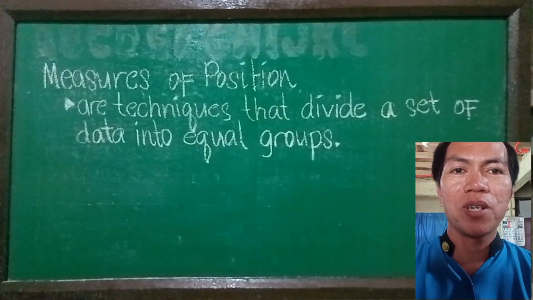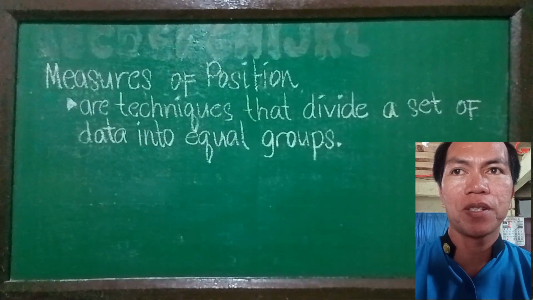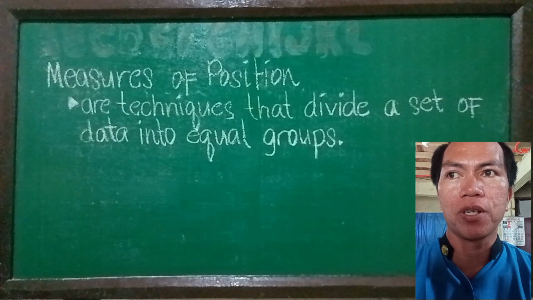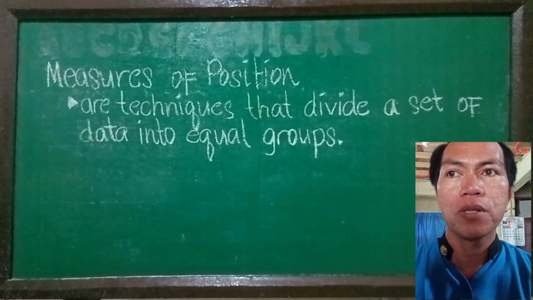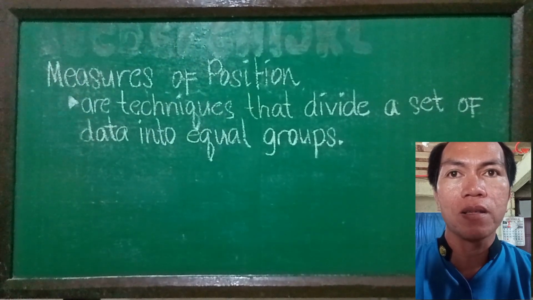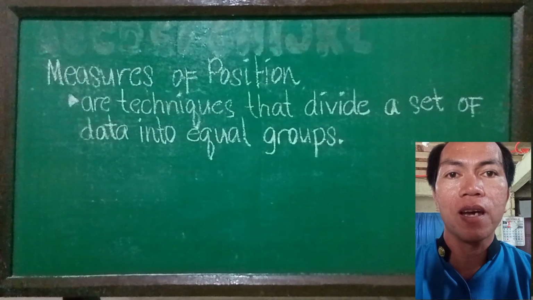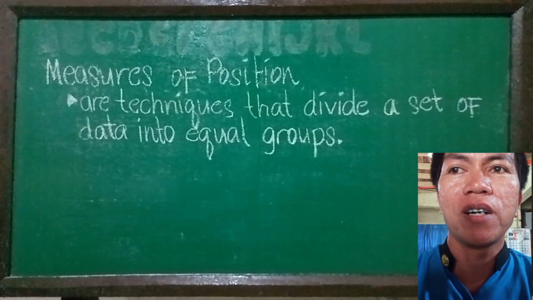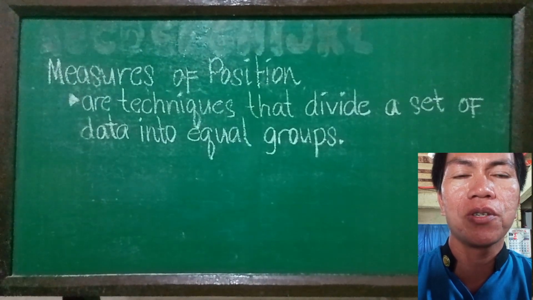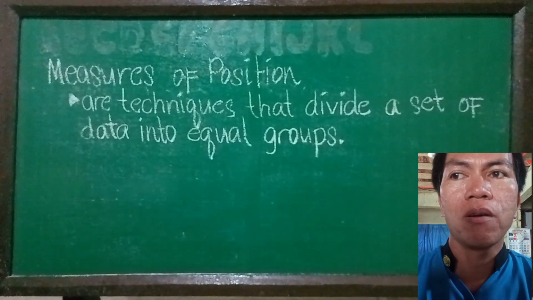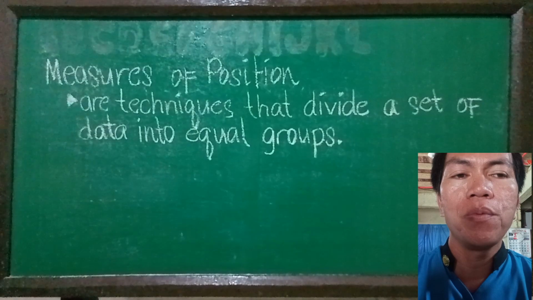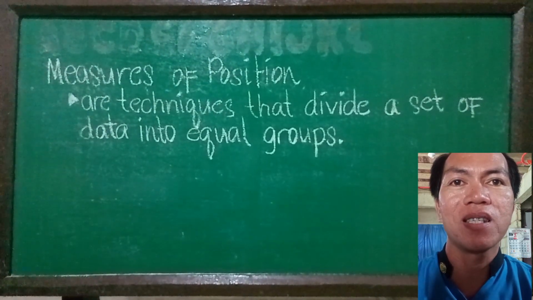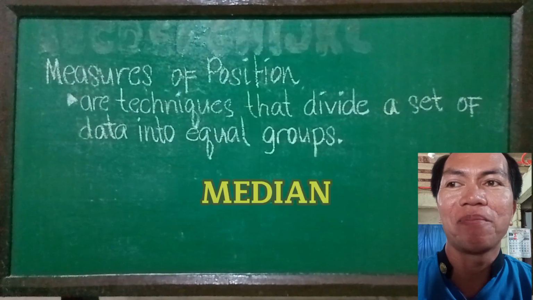What are measures of position? Or how do we define measures of position? When we say measures of position, these are techniques that divide the data into equal groups. We have different kinds of measures of position. One of them has already been discussed when you were in grade 7 under measures of central tendency, which is the median.